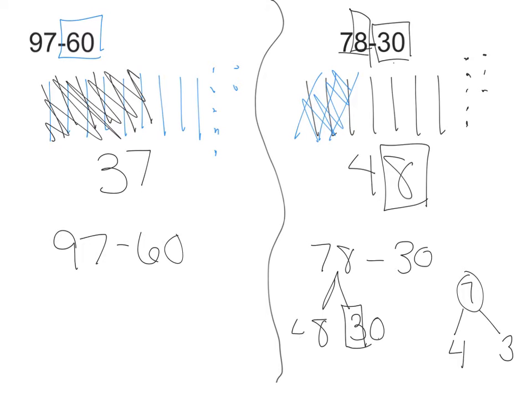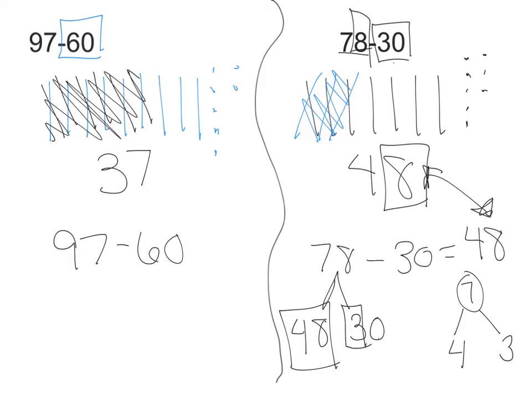So I need 4 10s. And here I have my 48. So I can come up here and I have 48. My answers match. Notice that I didn't just draw it and pretend that it matched. I did the real work. Okay, each time I do the work, I should end up with the same answer for the same problem.